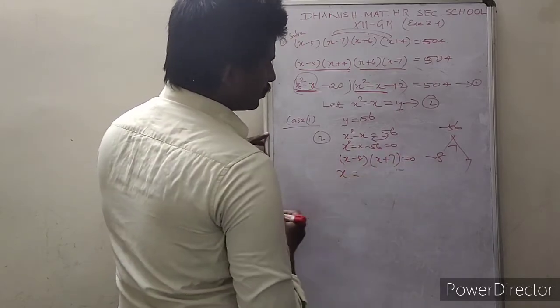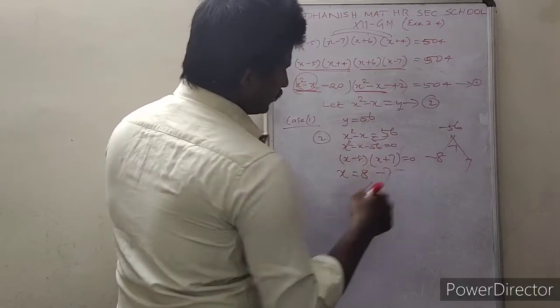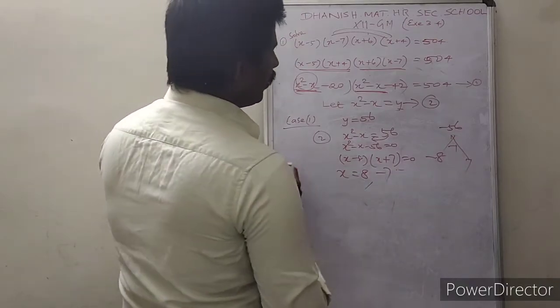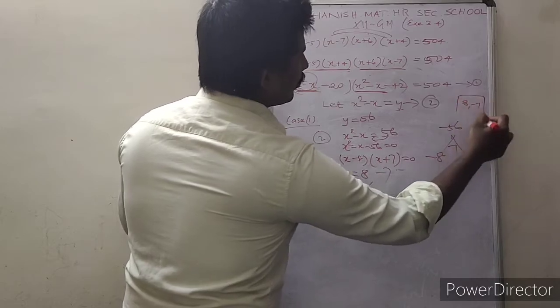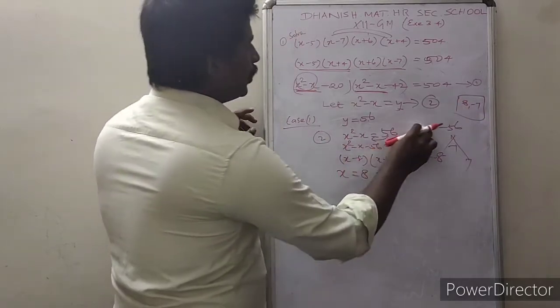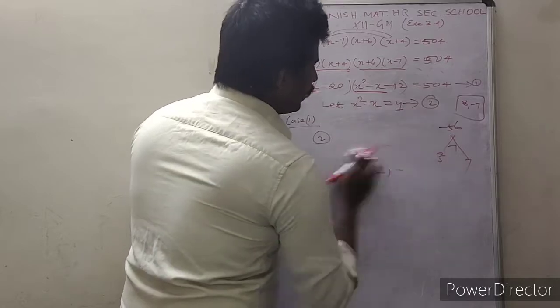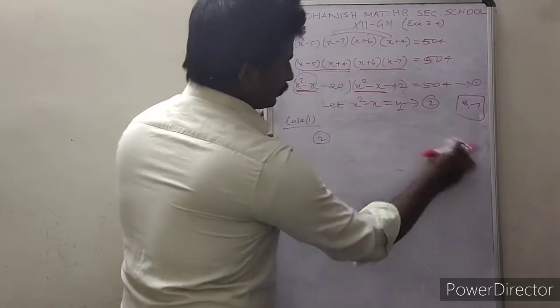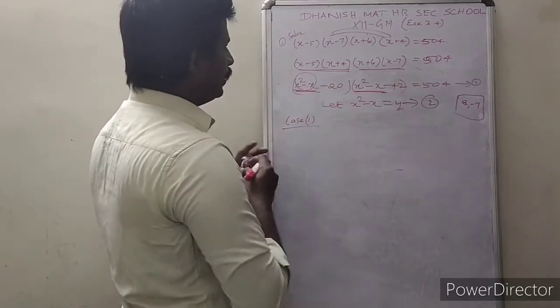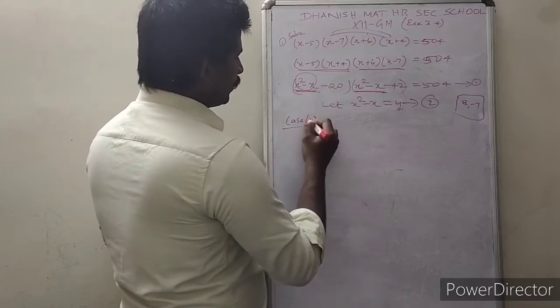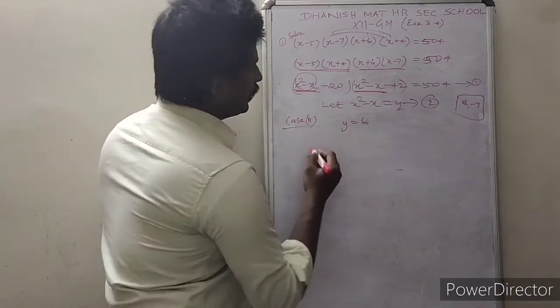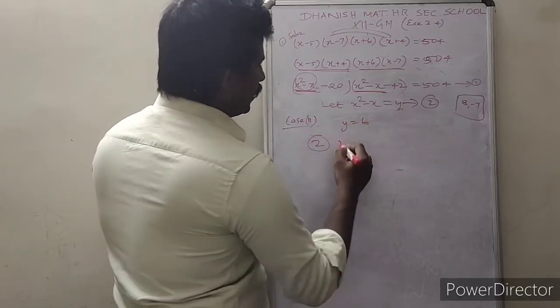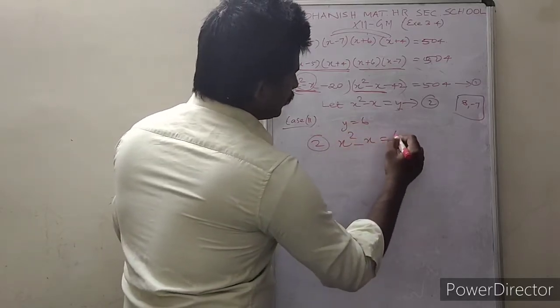So our x values are 8 and minus 7. Now I am going to substitute y as 6 in equation 2. Case number 2, y equal to 6. So our equation 2 becomes x square minus x equal to 6.